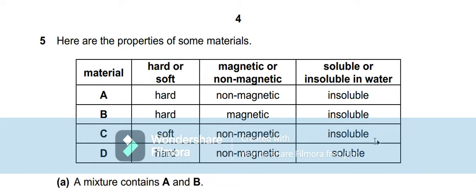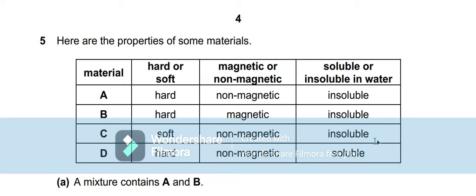Then we go on to what is left in the filter paper. If you filter, what is left in the filter paper is the residue. Our residue will be material C. Then material D will be our filtrate.